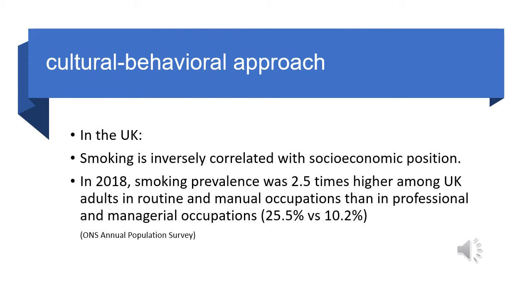So let's look at a real example of how the cultural behavioral approach explains the social gradient in health. For example, tobacco smoking in the UK is inversely correlated with socioeconomic position, where smoking prevalence is 2.5 times higher among UK adults who work in routine and manual jobs compared with those in professional and managerial jobs.